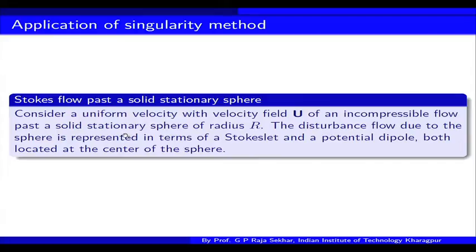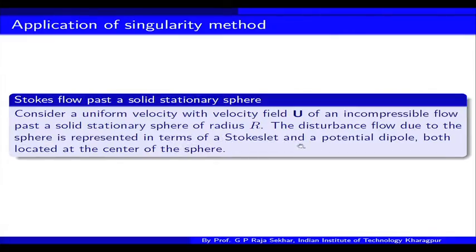Now, typically in the separable solution, we have considered the corresponding Stokes stream function and uniform flow, added a disturbance, and computed the separable solution, right. So, here in the singularity method, the disturbance will be expanded in terms of singularities. Okay. So, how is that done?